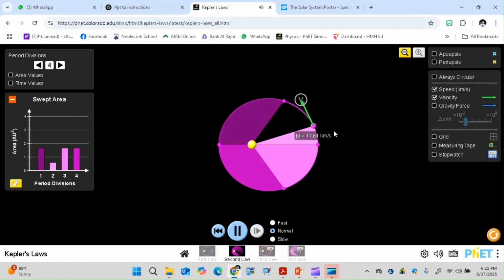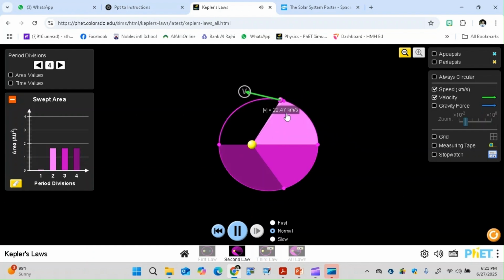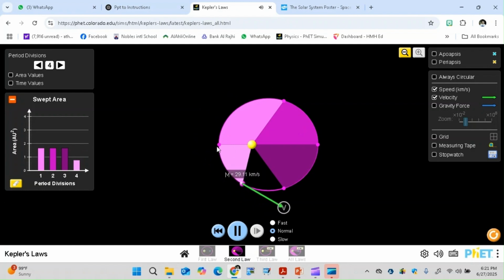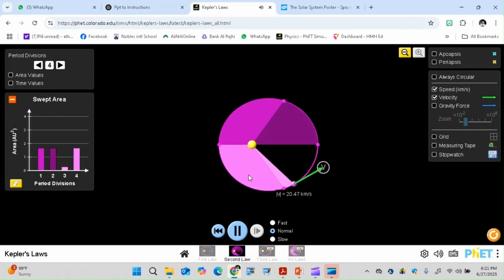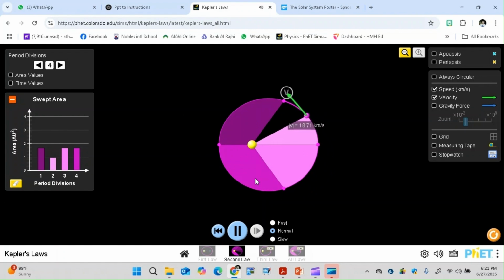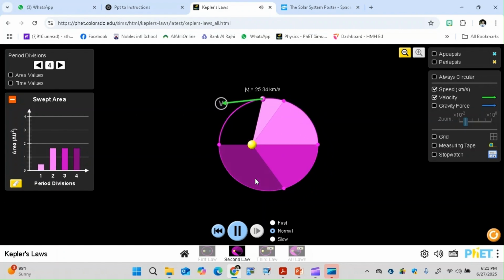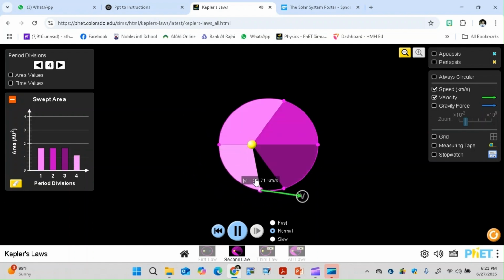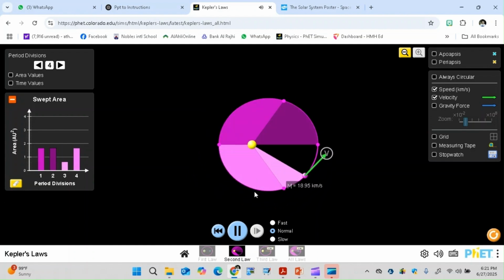As it starts moving toward the near point, its speed is increasing, and it's the maximum at this point, and then it starts slowing down. This is a clear picture of how Kepler tries to explain the distance and speed relationship. This variation in speed is due to the gravitational pull.